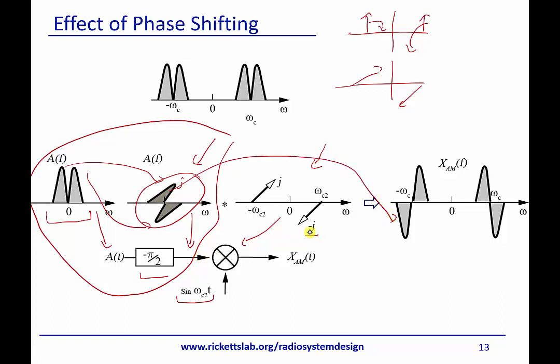And now I have minus j times minus j gives me a plus. And so this ends up here. And likewise, if you follow through, I get this pattern here. And so now I've created a version of this spectrum that is just like this. You might be saying, okay, but why do I care? I mean, this is what we used to have, right? And this is what we have now.